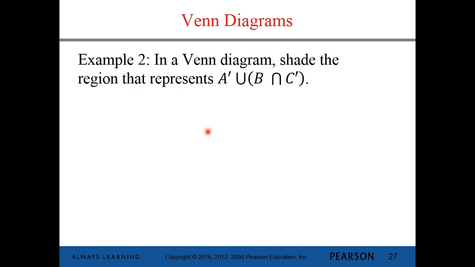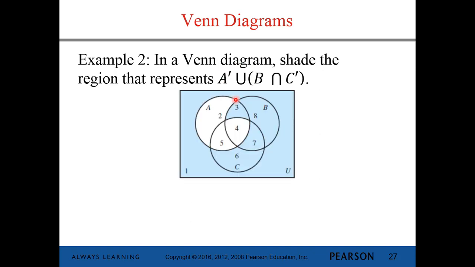In a Venn diagram, shade the region that represents not A and the union of the quantity B and not C. So again, we're going to start with the intersection and then work our way out. What we need to do is first set up our Venn diagram. Again, the numbering is arbitrary. We first start with B and not C. Well, B is right here.